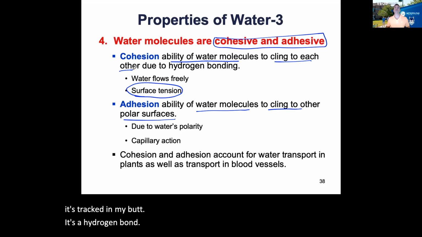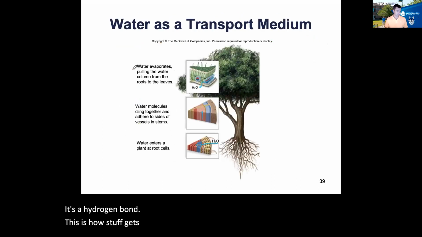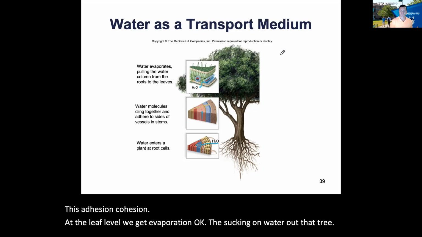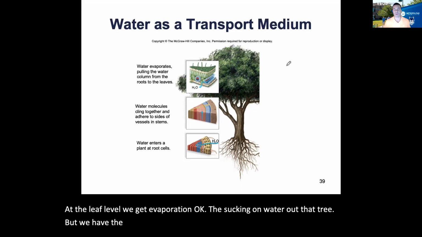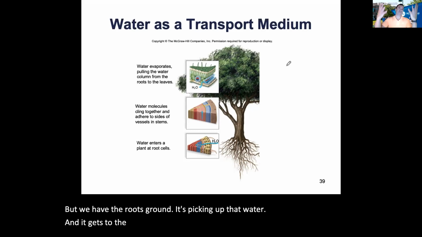This is how stuff gets way up in a tree as well. This adhesion, cohesion. At the leaf level, we get evaporation, the sucking of water out of that tree, but we have the roots deep in the ground picking up that water. And it gets to the very top, even though gravity's pulling it down.